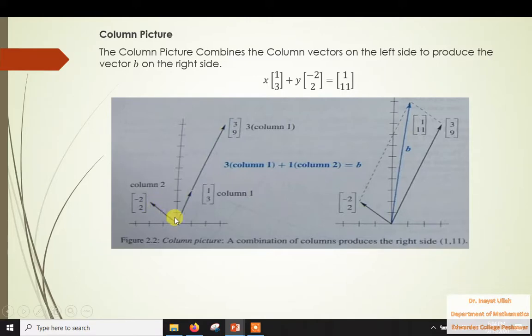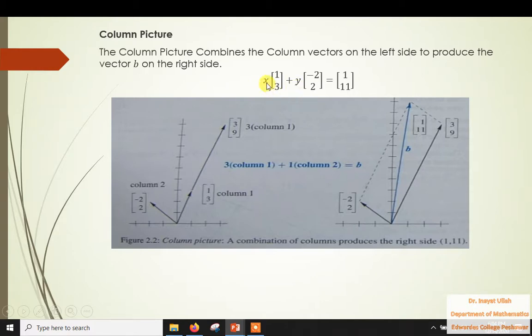And the solution: which numbers should be multiplied with (1, 3) and with (-2, 2) to get a sum of (1, 11)? We studied in the previous slide that the solution of these two equations is (3, 1), meaning x is equal to 3 and y is equal to 1.